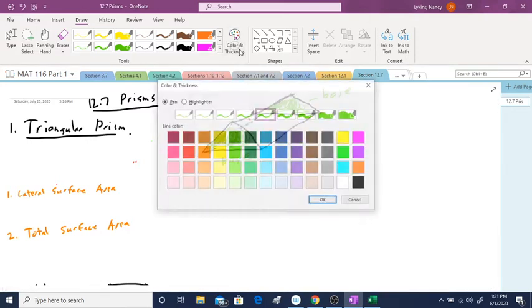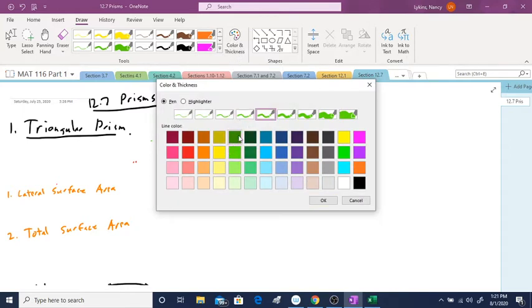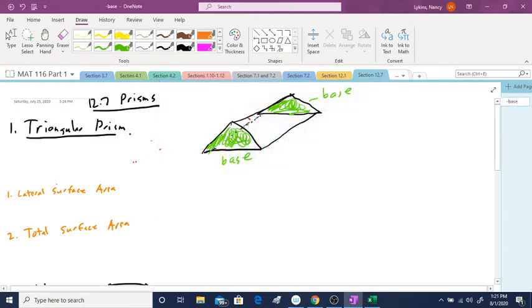Now, what I'm going to do is show us the lateral faces. To not make this so confusing, I'm going to erase what I drew because I don't want you to see a lot of different colors going all sorts of ways. So this little back side is a face.